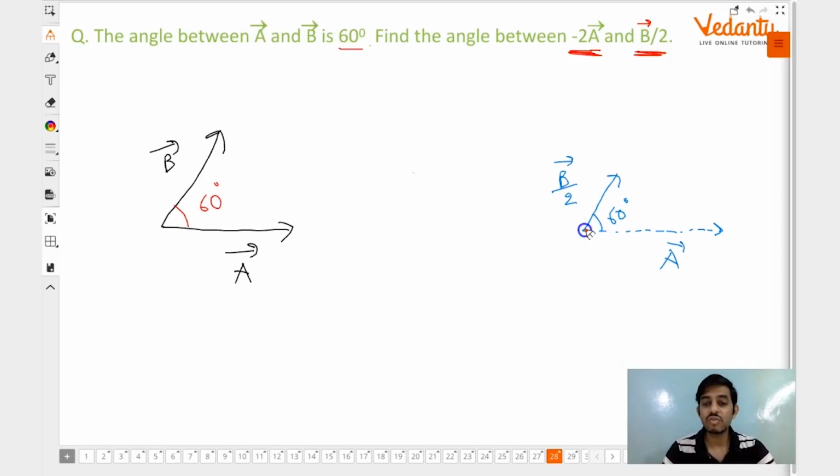So -2a vector, how will you draw? क्लियर हो रहा है सभी को? मैग्नीट्यूड डबल ऑफ ए वेक्टर बट डायरेक्शन अपोजिट। अब इन दोनों में एंगल निकालना है, बहुत इजीली बता सकते हो। व्हाट विल बी द एंगल? 120 डिग्री। चमका एवरीवन गाइस?